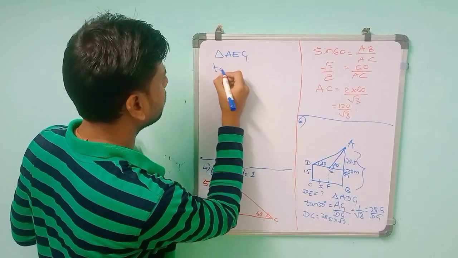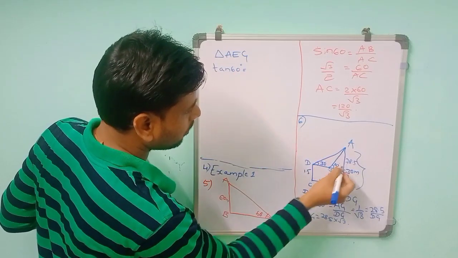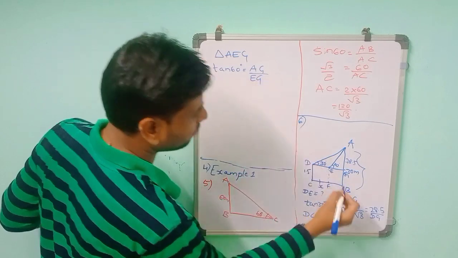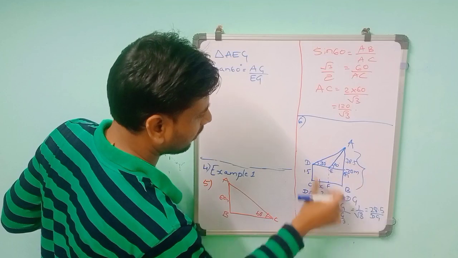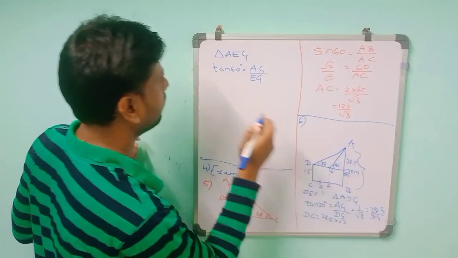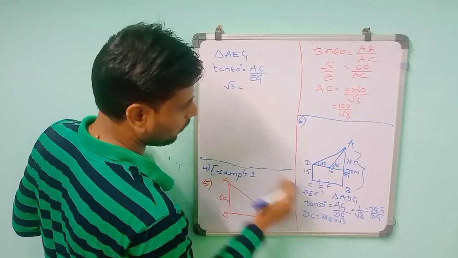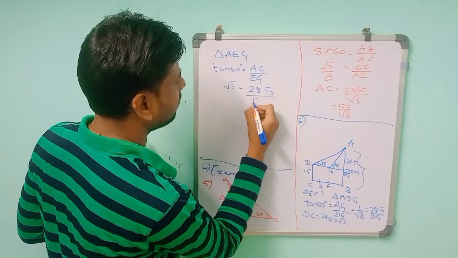So tan 60 is equal to AZ by EZ. Here I am talking about triangle ADZ and triangle AEZ, that is 30 and 60 degree. Tan 60 is root 3, that is equal to AZ. AZ we know is 28.5, divided by EZ.